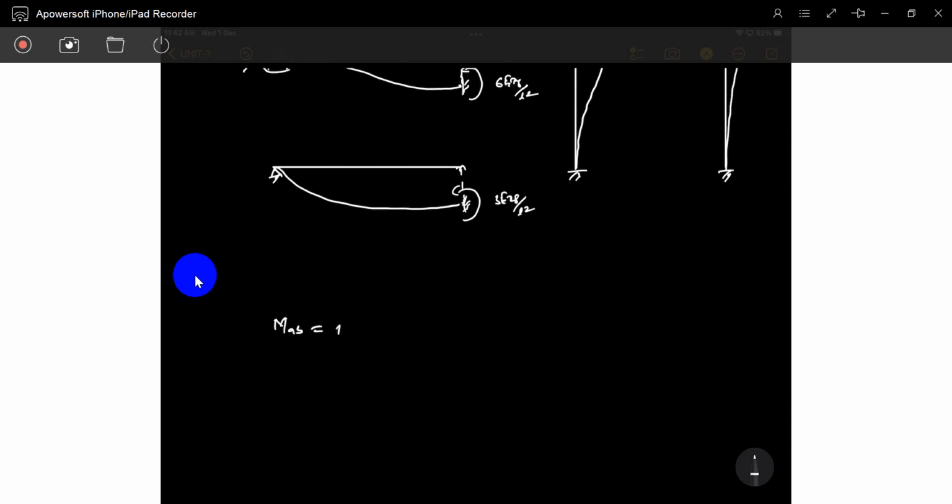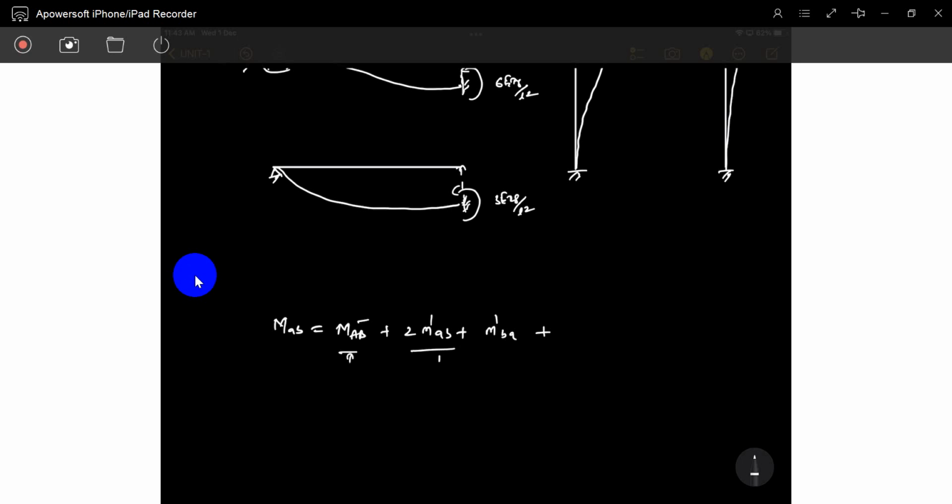Fixed end moment plus the rotational contribution at the end of B, and the rotational contribution from the far end. That's it, that's what we write. And also we have to add the translational contribution. Understood?